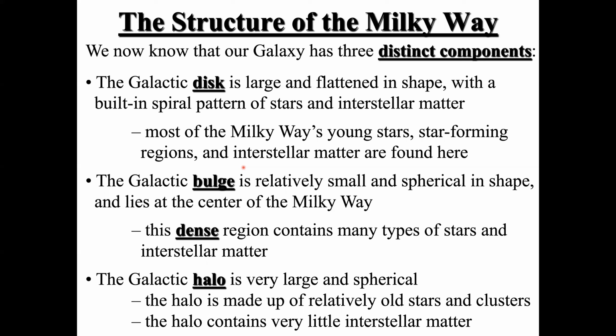If you look at the disk of a galaxy, it has a large flattened shape with these built-in spiral patterns of stars and interstellar matter. Most of the Milky Way's young star-forming regions and interstellar matter are found in these spiral arms. This is very common in almost all spiral galaxies.